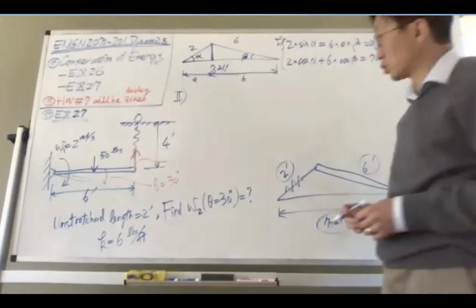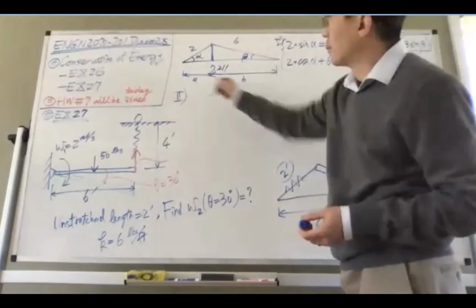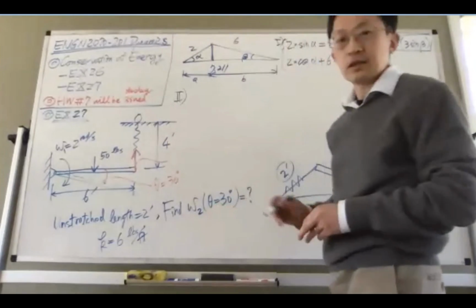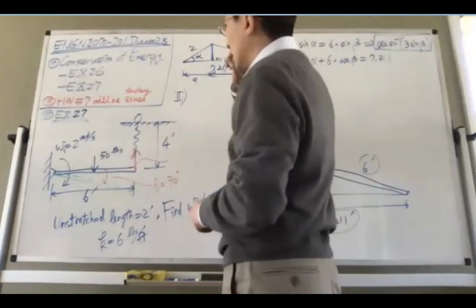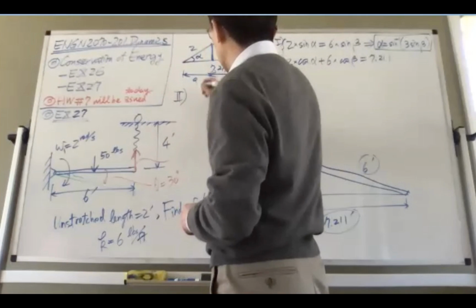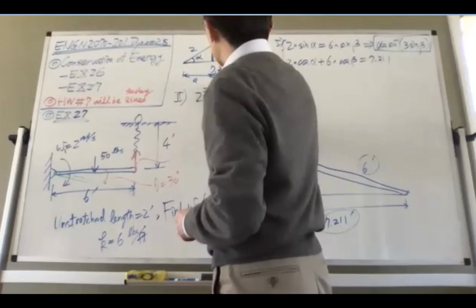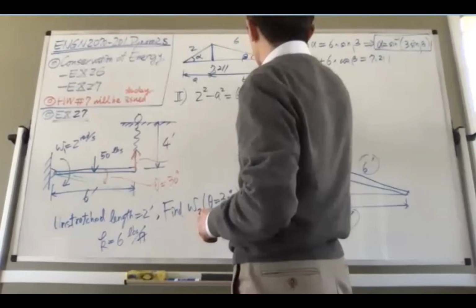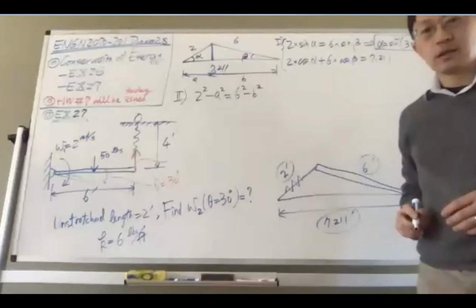So what's the length approach? To use A and B. First of all, we know that this vertical length is what? Because of the Pythagoras rule, 2 squared minus A squared must equal 6 squared minus B squared. How do we figure that?